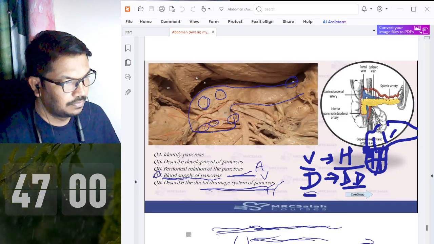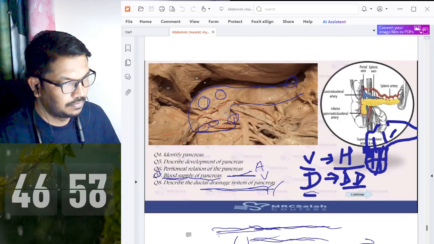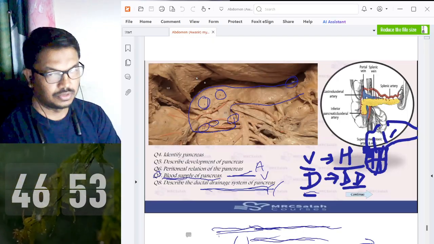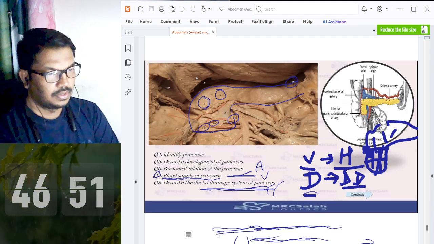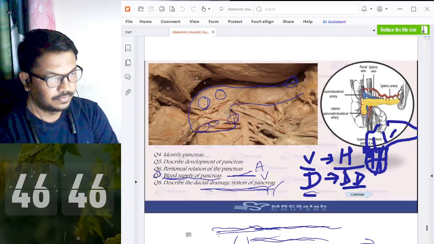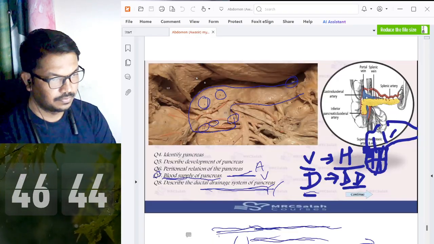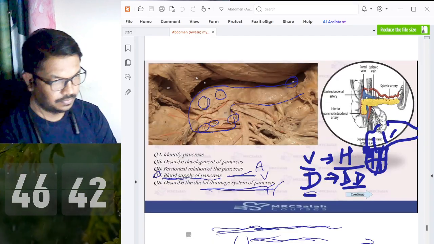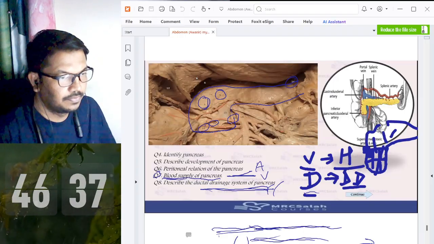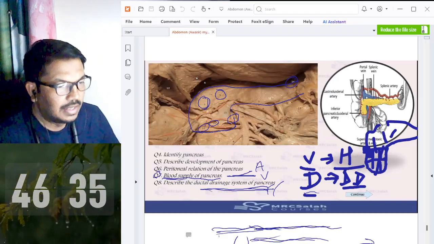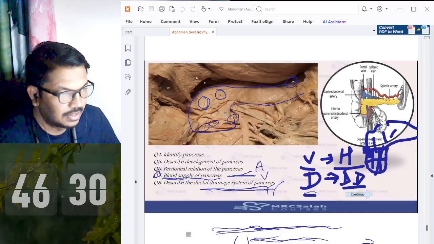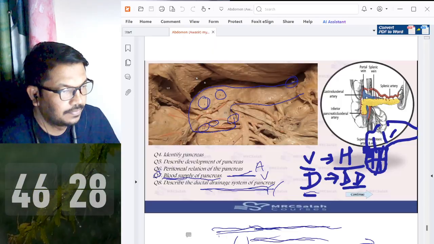From the superior mesenteric artery. Yeah. Okay. Then venous drainage is the superior pancreaticoduodenal vein, inferior pancreaticoduodenal vein, and splenic vein. Okay. Uncinate process gets supply from which vessel? Inferior pancreaticoduodenal artery.